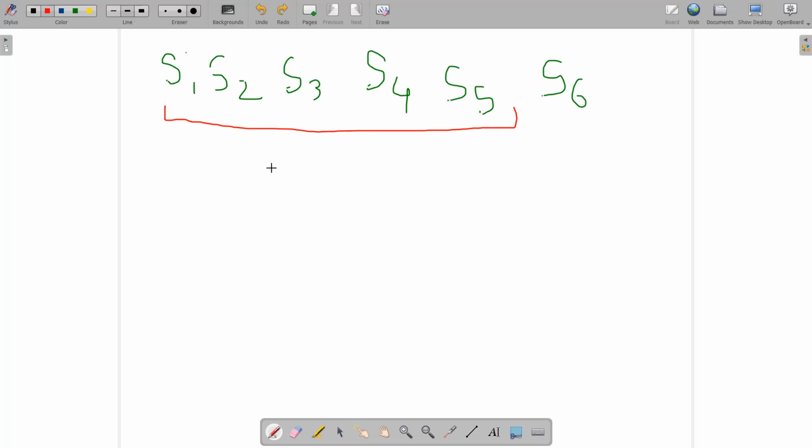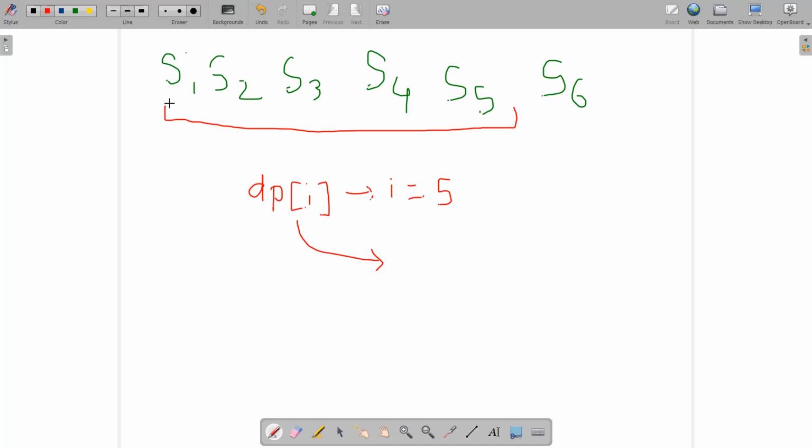If we are asked what is the dp of i, where i is, let's say, 5, then we are going to say this dp of i will give us the minimum number of cuts for the string starting from the beginning up to i equal to 5. That is, from i equal to 1 up to i equal to 5.